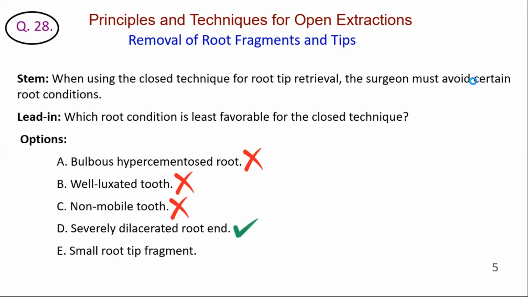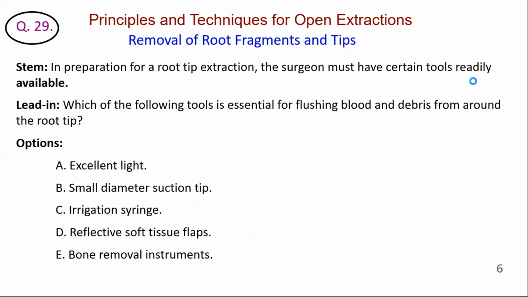This is the least favorable due to severe complications in using the close technique. Common and manageable if other conditions are favorable. A severely dilacerated root poses significant challenges to the close technique, making it the least favorable condition for this method.